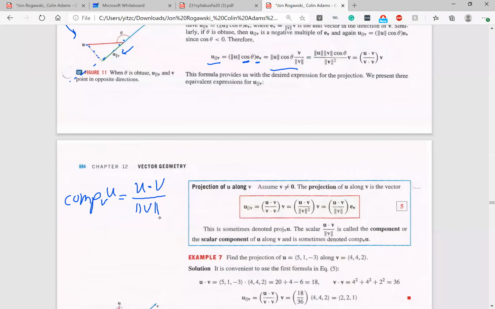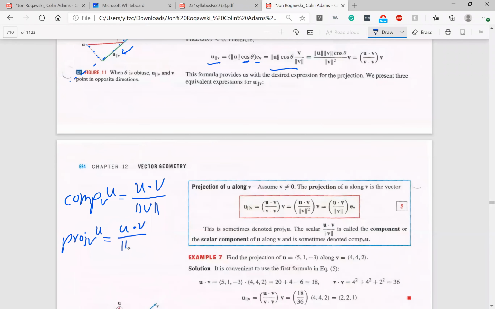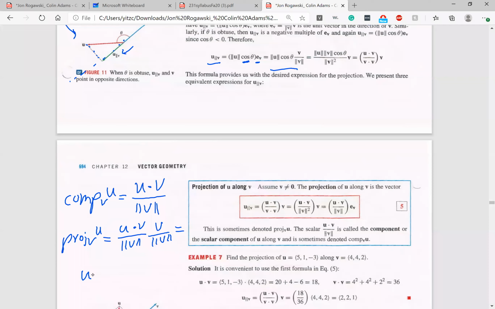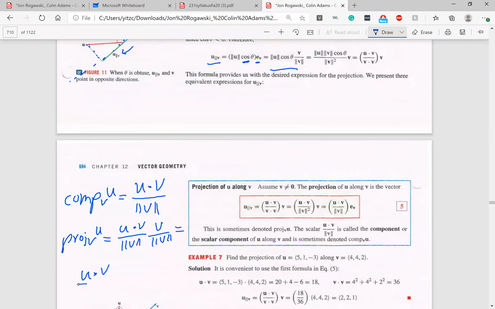And so then the projection of u onto v is going to be this component, so it's u dotted with v over the magnitude of v, times the unit vector, so times v over the magnitude of v, right? And this is equal to u dotted with v over the magnitude of v squared times v.